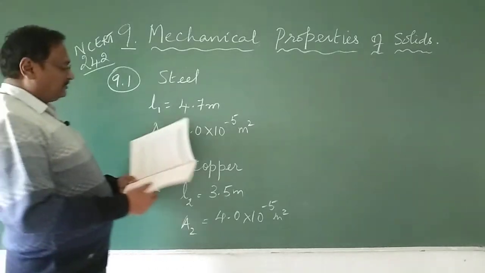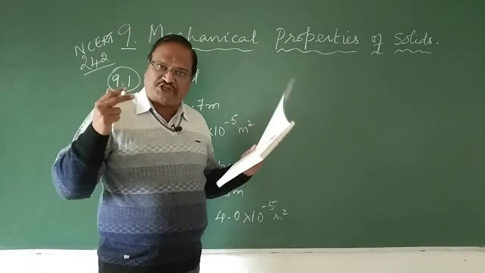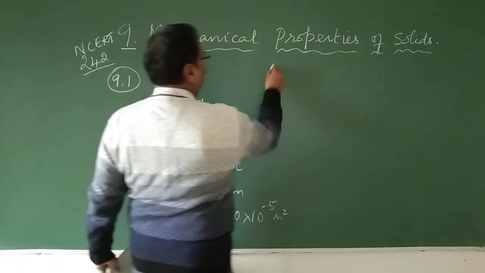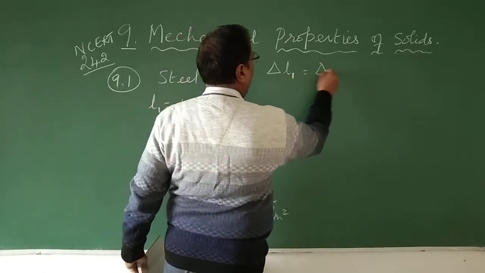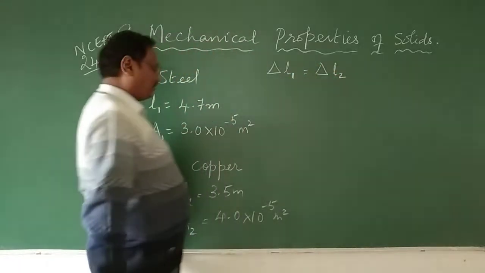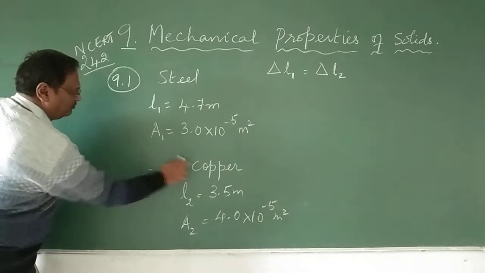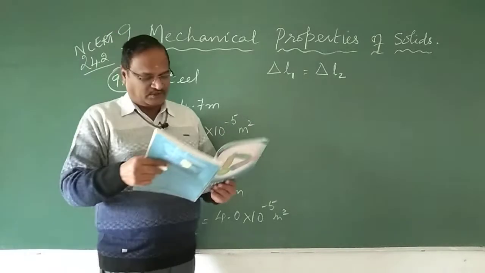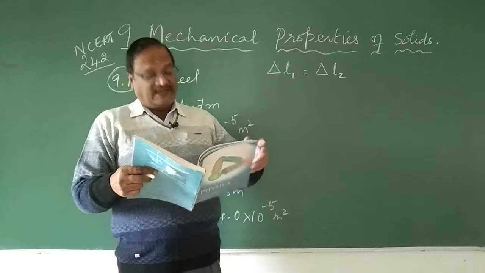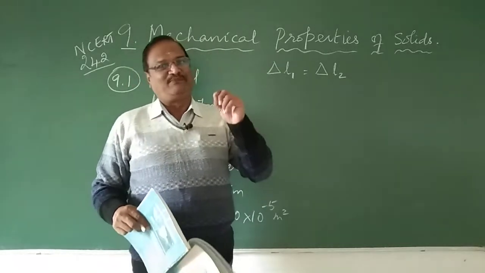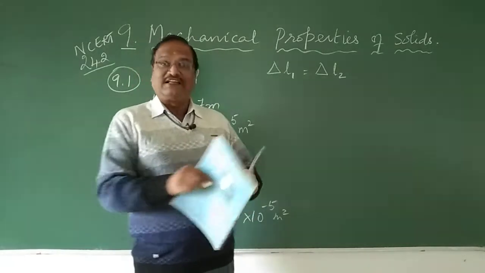Okay, now they both have same extension. They both stretch by the same length, that is delta L1 is equal to delta L2. Okay, so this is what is being given already. Stretches by the same amount, under the given load.